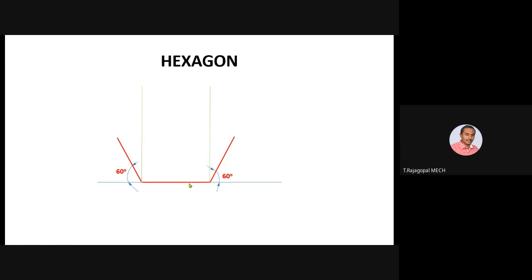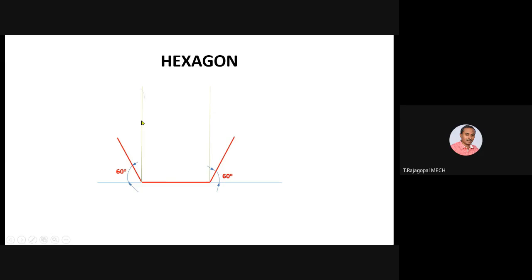Now take this point, say C. From this point C as center, the side of the hexagon is 40 mm, so use 40 mm as radius and cut this projector. Similarly, with this corner as center and the same 40 mm as radius, cut this projector.